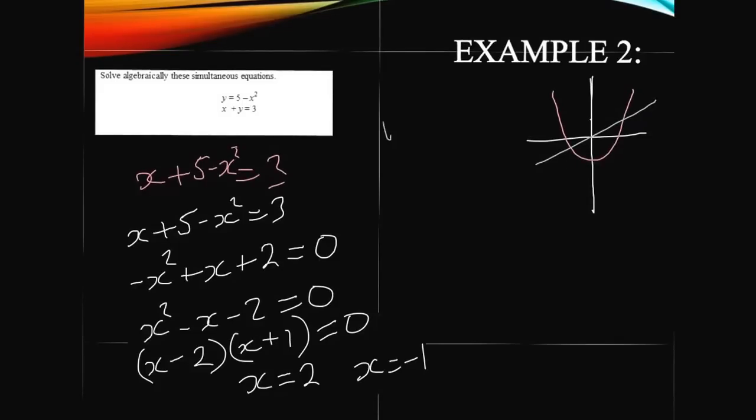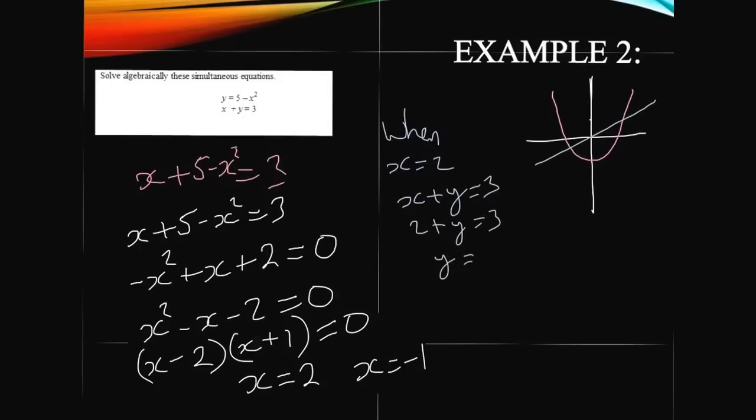So when x equals 2, x plus y equals 3, so 2 plus y equals 3, y equals 1. So we've got one solution, x equals 2, y equals 1, and we can do the same when x equals minus 1.